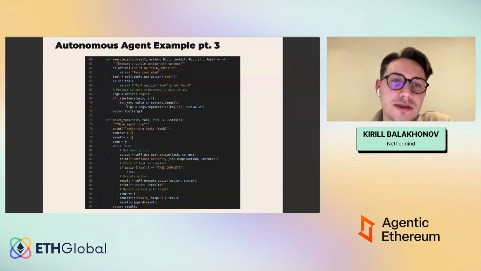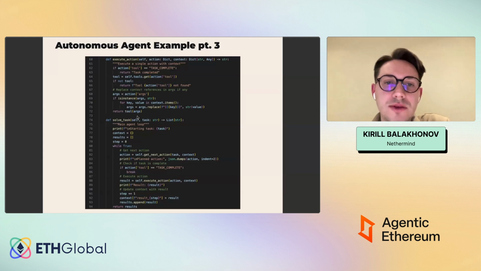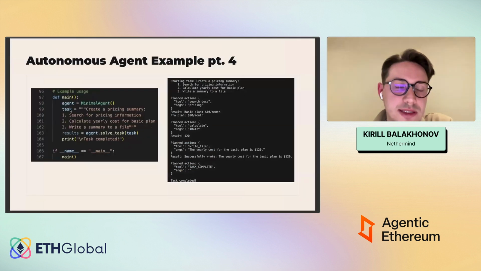All this code was basically to get to this point, to actually call what we have chosen using the LLM. And solve task is just the aggregation of all this stuff. So this is the main agent loop, right? In the next example, we'll see that we can create a task like: create a pricing summary, search for pricing information, calculate the yearly cost for basic plan, write a summary to a file.